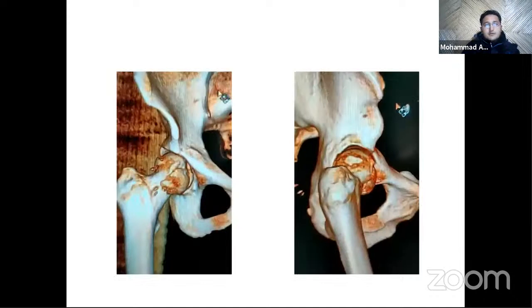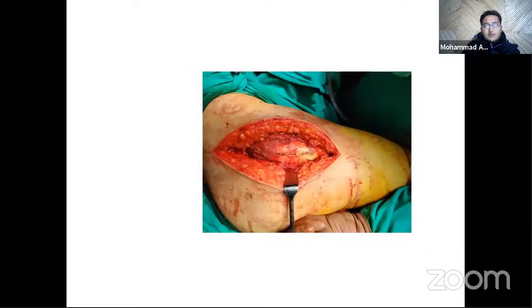The dislocation was immediately reduced, but then she had this Pipkin 1. Initially, such patients were referred to a higher center, while we decided to bring the implants from Delhi and operate on the patient after explaining all the pros and cons and the prognosis of the disease.